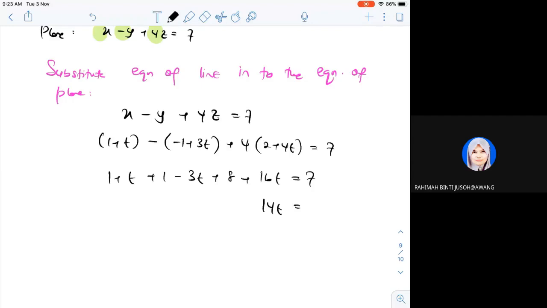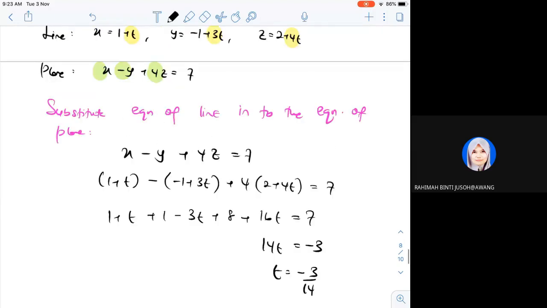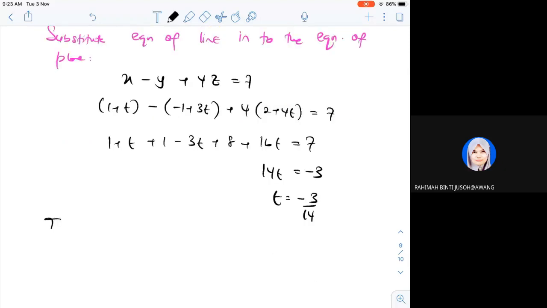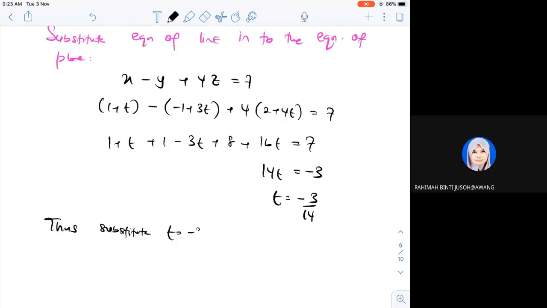Samalah dengan 1 plus 1, 2. 2 plus 8, 10. 7 tolak 10, negative 3. So t equals to negative 3 over 14. Alright, betul ke tak ni? So let us substitute into the x. Thus, substitute t equals to negative 3 over 14 in the equation of line.